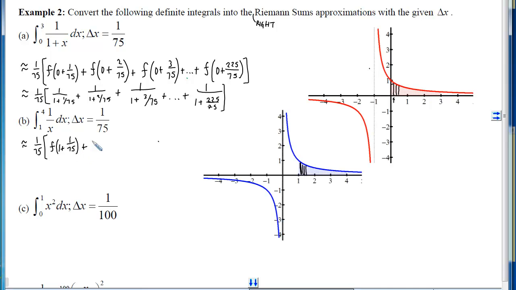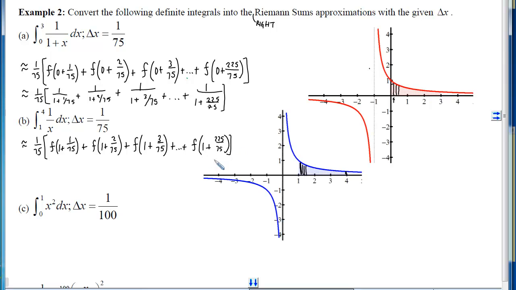For my next one, it will be a plus 2 of those 75ths that gets plugged into f. For my next one, it will be f with 3 of those 75ths added to 1 plugged in. And I continue the pattern, and I'll get all the way out to my last one, and my last edge is going to be a plus 225 of those 75ths.